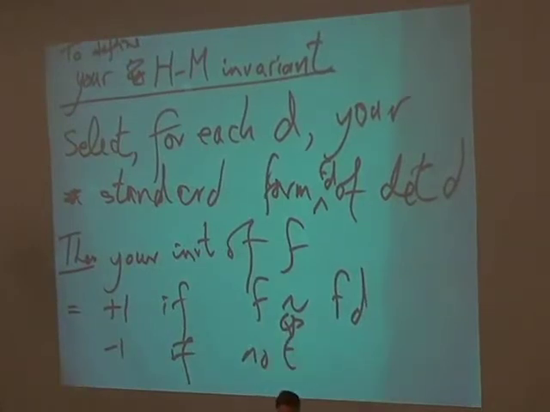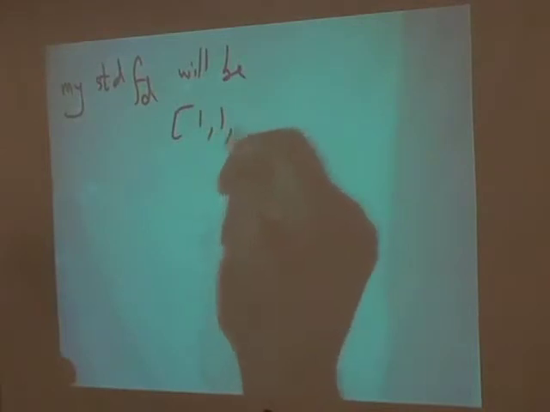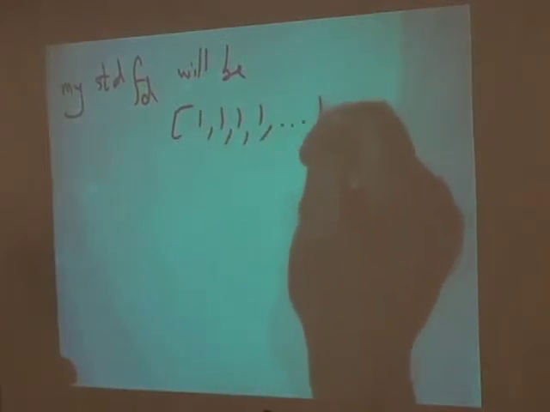We know that there are just 2 forms of a given determinant: the form with value plus 1 and the form with value minus 1. Here's how to get them. That's very simple, so there's no highfalutin nonsense in here. Let's take a standard form. My standard form will be the obvious one: 1, 1, 1, 1, 1, d.